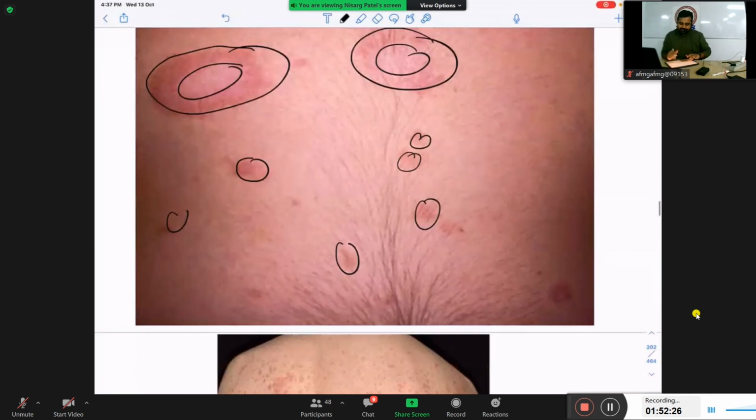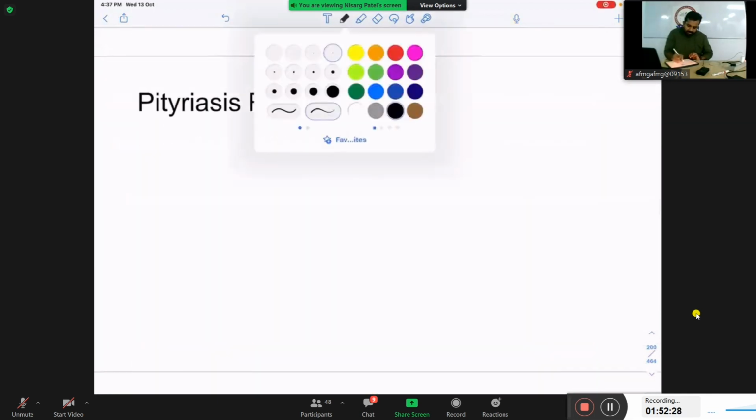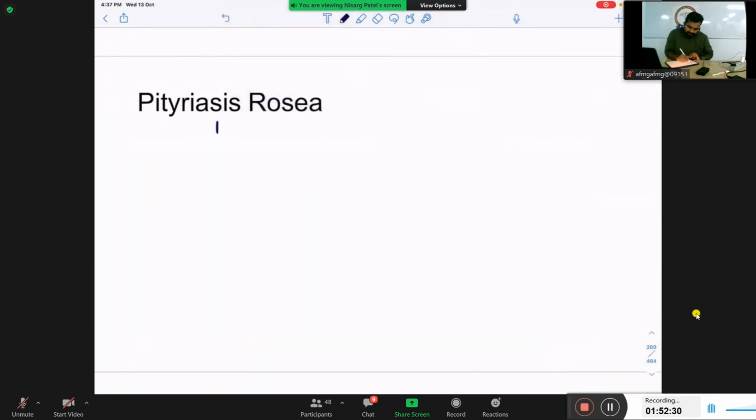So what are the important MCQ points? The first is, what is the causative agent? Human herpes virus 6 and 7. This can also be drug induced.